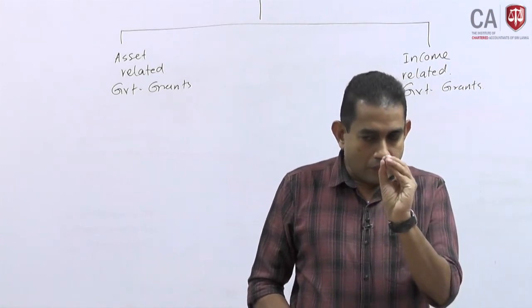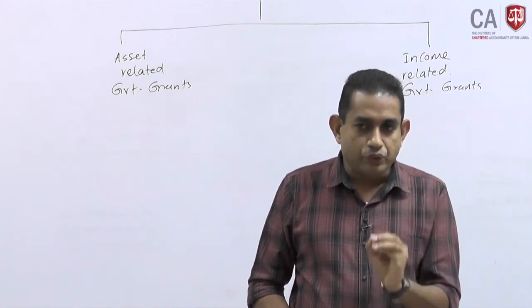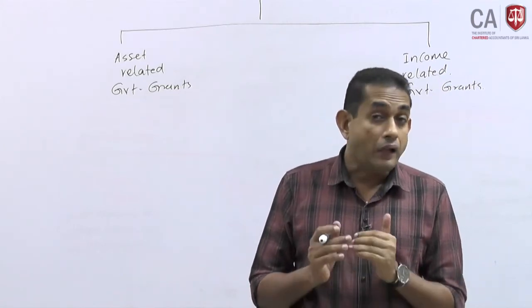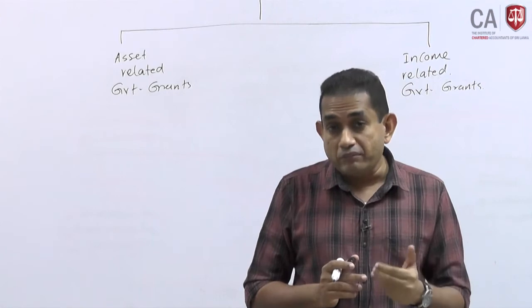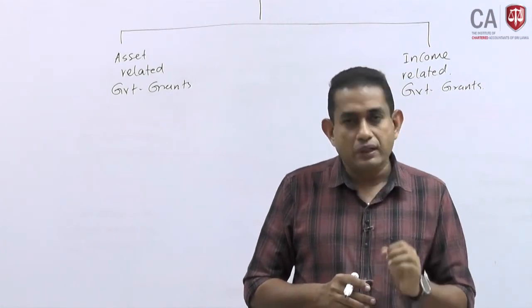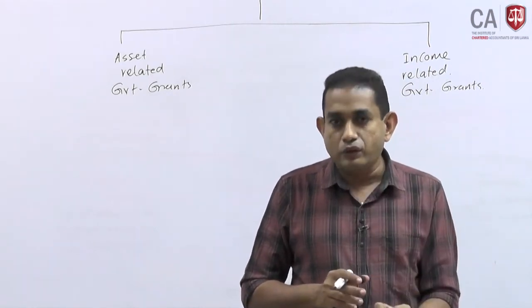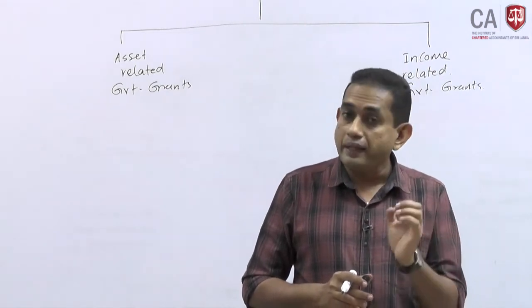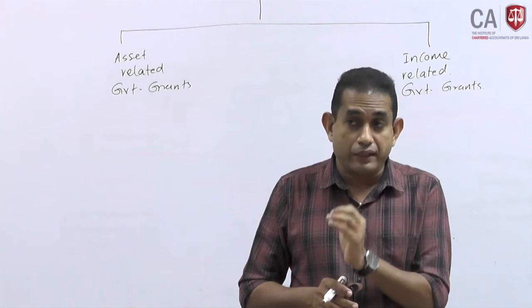Now, government grants relating to assets, so asset related government grants, are the grants whose primary condition is either purchasing long term assets or constructing long term assets, and that is the condition attached to the grant.